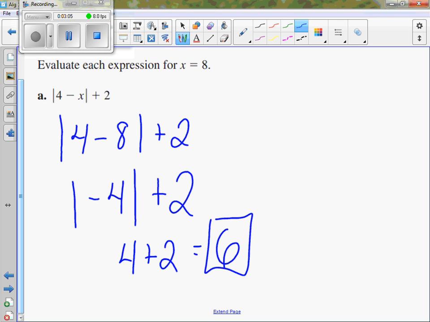So you guys can go on and write that down because you can put these in your notes. And that's mainly what we'll be doing with evaluating. We'll be plugging the numbers in.